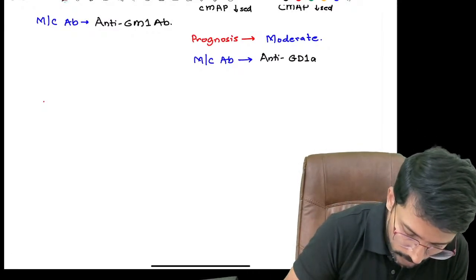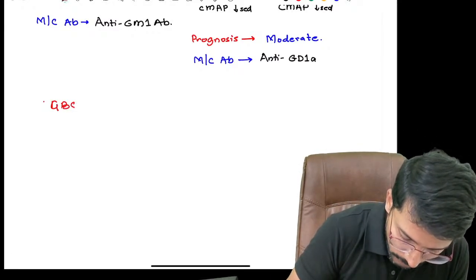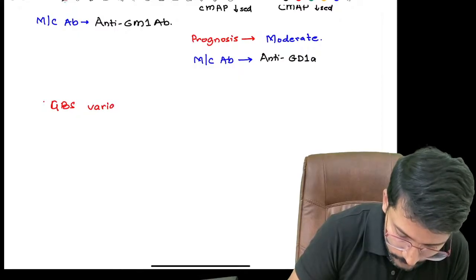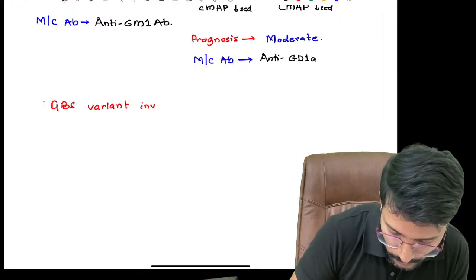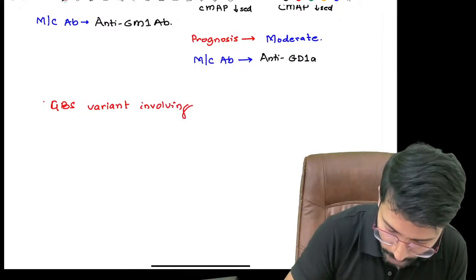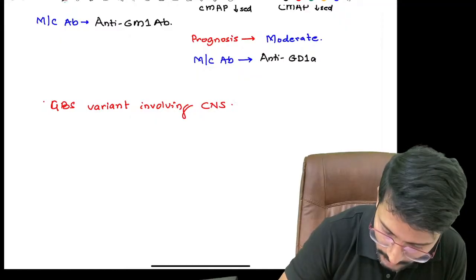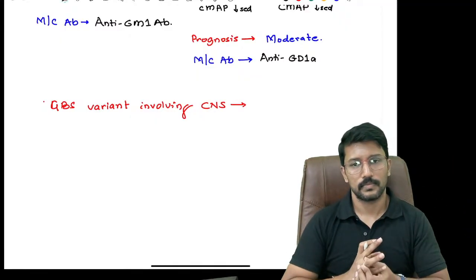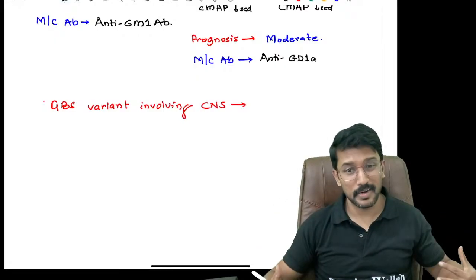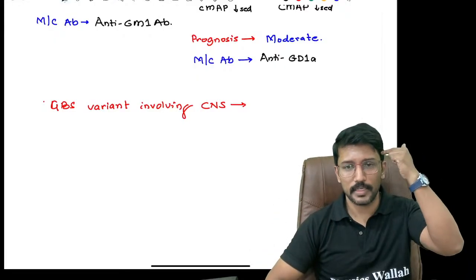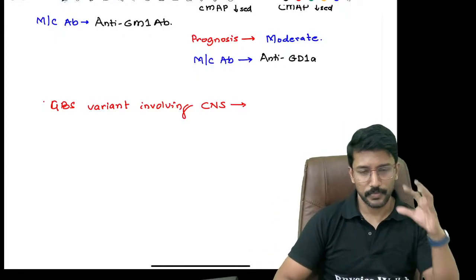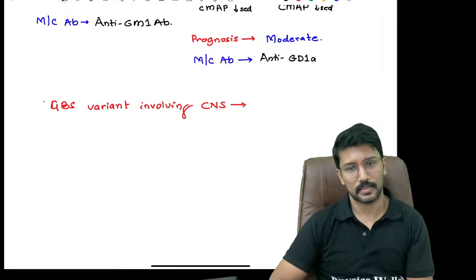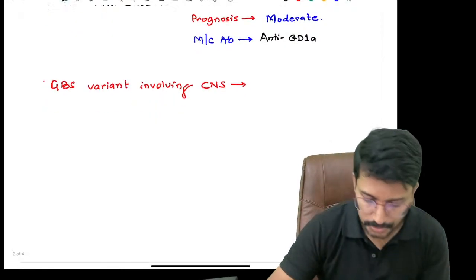Okay, so the GBS variant involving the CNS. Can anybody tell me which GBS variant involves the CNS? Apart from peripheral demyelination, you also have demyelination of the central nervous system. So we call it encephalomyelitis.